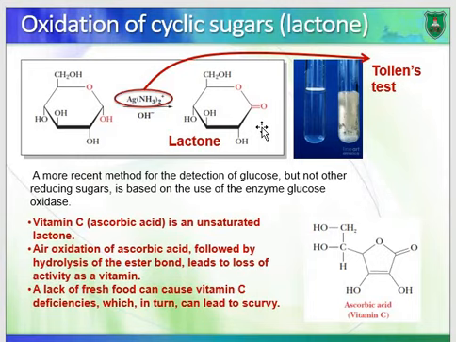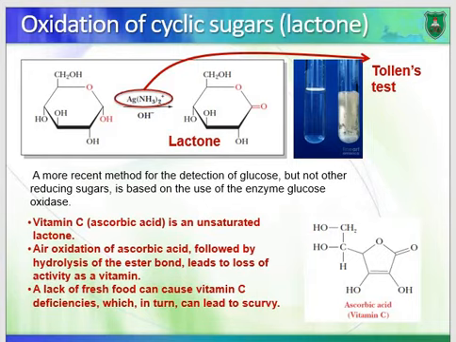And this would precipitate this Ag as a mirror on the test tube walls, so it actually becomes like a mirror on the wall of the vessel, the flask, the test tube, whatever.